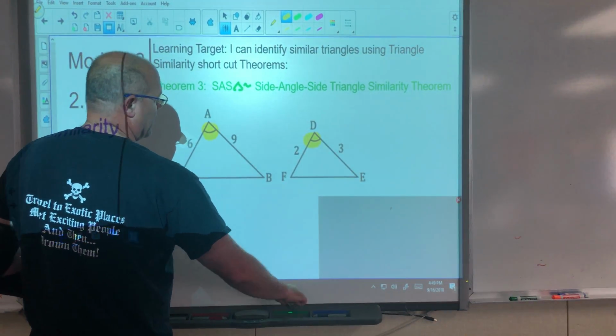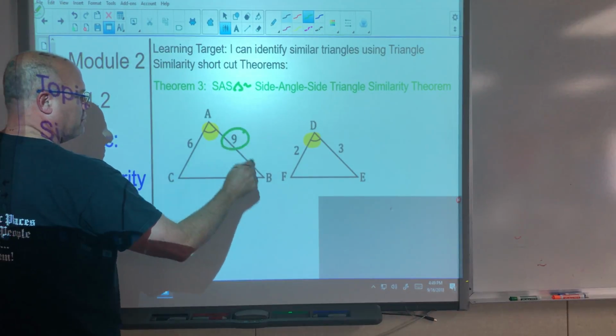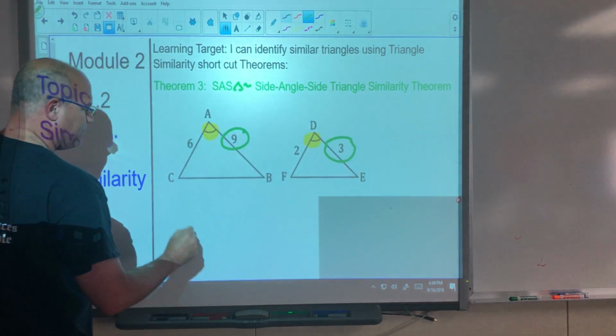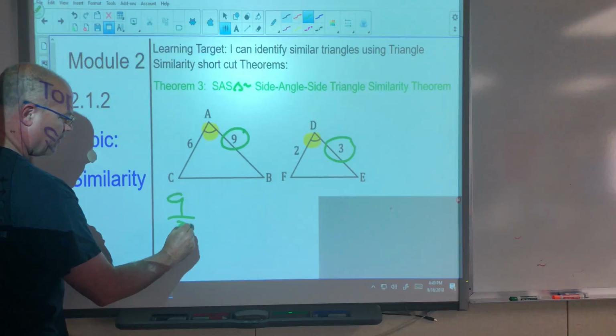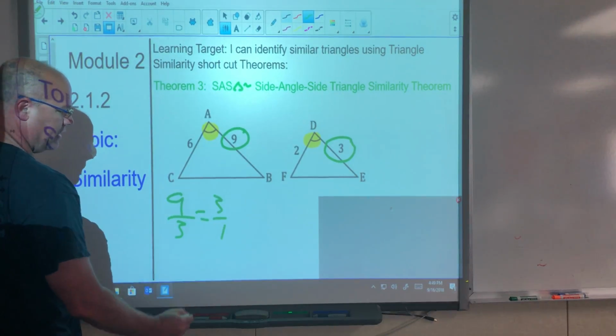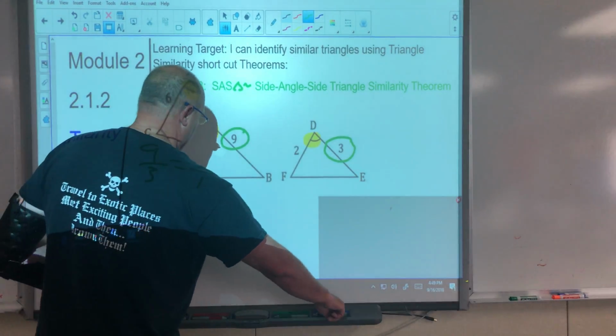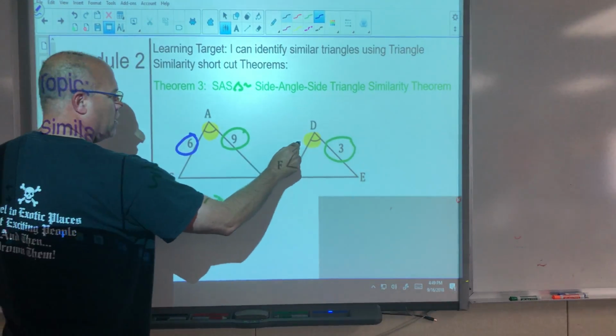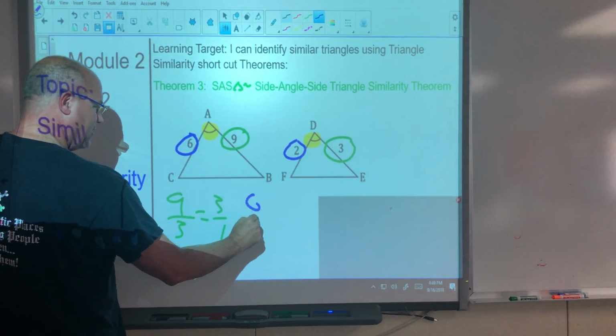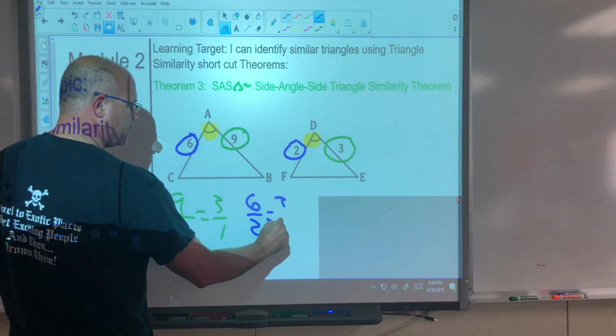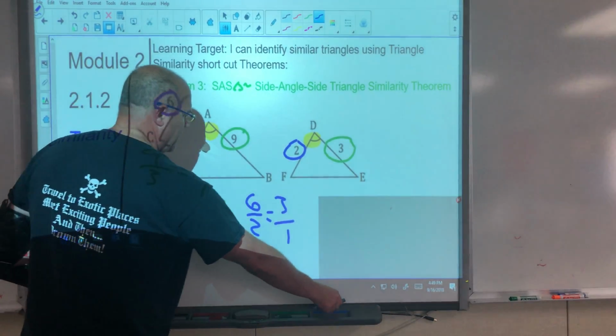Again, we're going to put large over large, so my 9 and 3. I'm going to go 9 over 3 equals 3 over 1. And then I can go 6 over 2 equals 3 over 1.